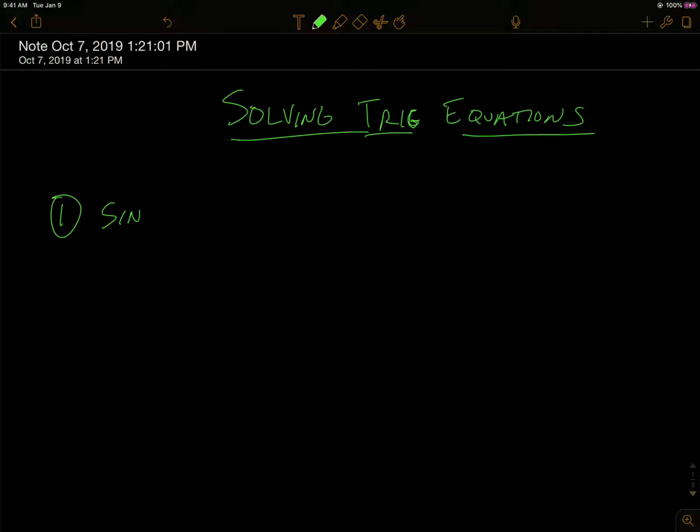So if we're trying to solve the sine of x equals root 3 over 2, we're looking for what angle has a sine value of root 3 over 2. So if I think of my unit circle, I know root 3 over 2 is the biggest number. And I know that the sine value is the y value.